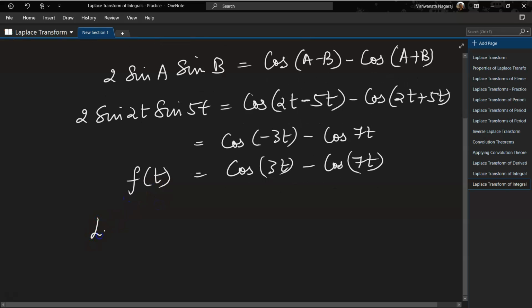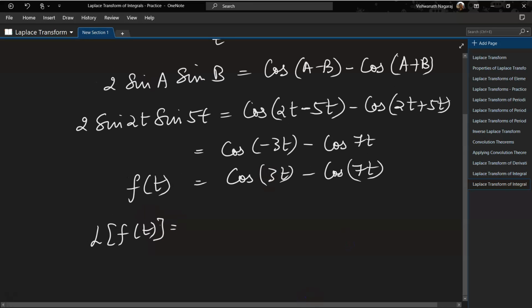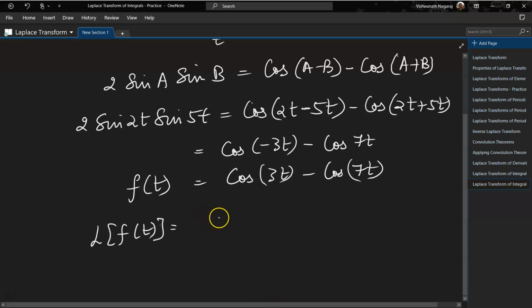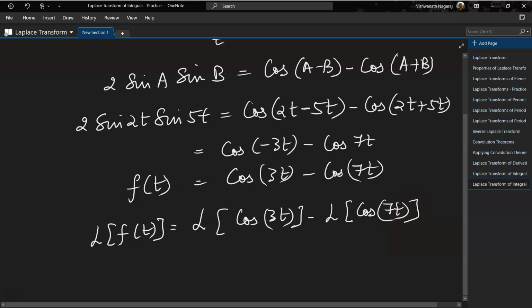So the Laplace of f of t is equal to what? Go to the table of Laplace transforms. Let me write it as steps: Laplace of cos 3t minus Laplace of cos 7t, which is equal to s by s square plus 9 minus s by s square plus 49.